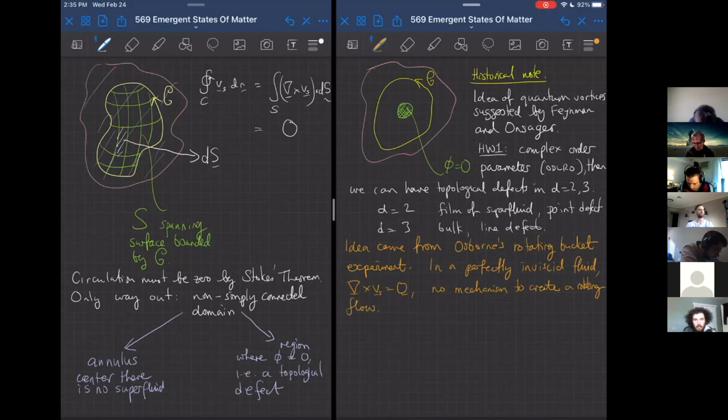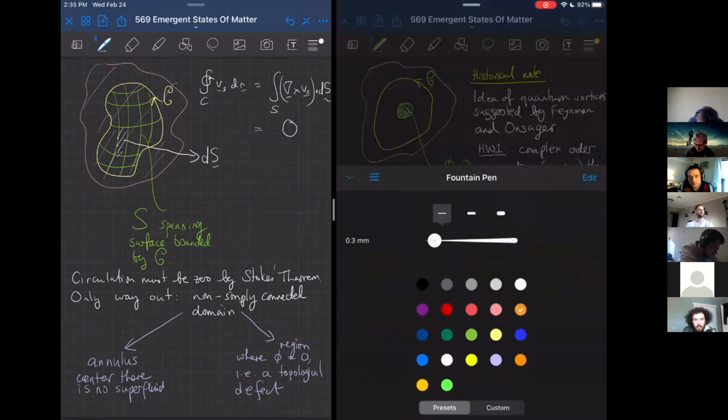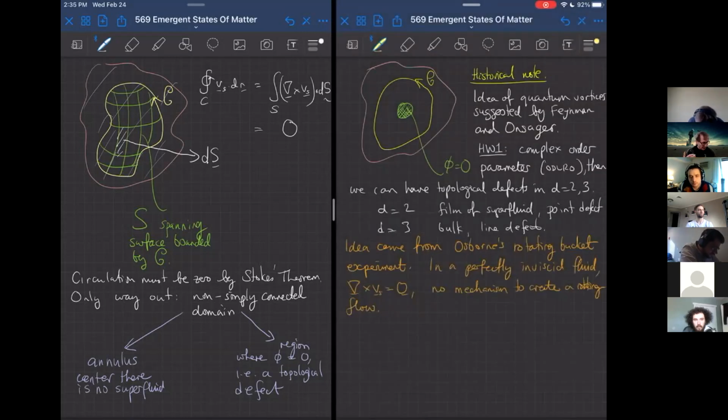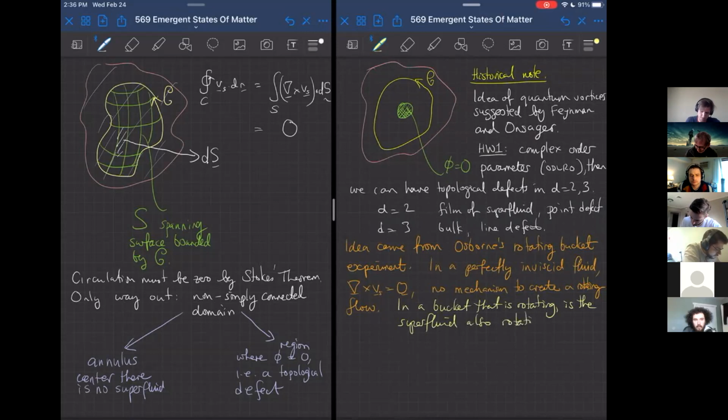So if I put such a fluid in a bucket and rotate it, you would expect that it would not rotate. So the question is: in a bucket that is rotating, is the superfluid also rotating?